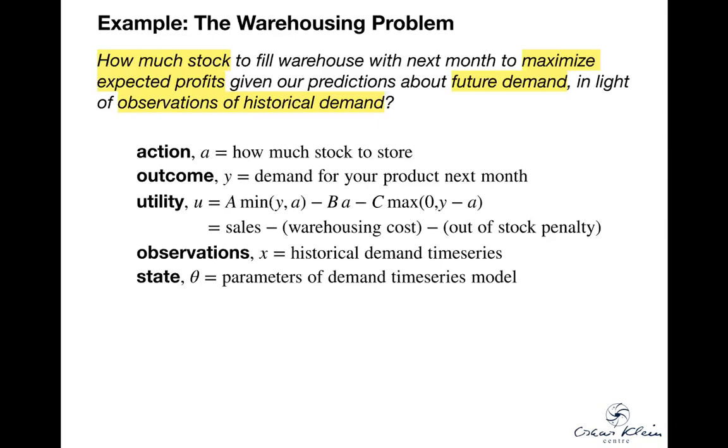For this utility here, if you take a given value of your action, then your utility is a linear function of y, where some of those terms will either be turned on or off, depending on the value of y compared to a. So yeah, I see.